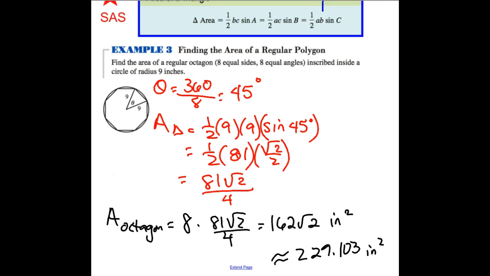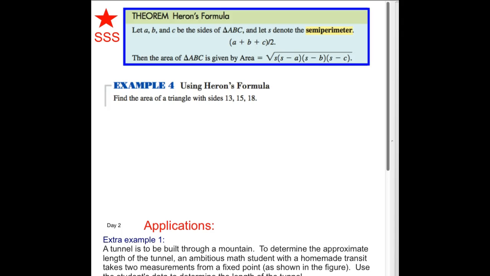All right. We have one more area formula, and this one is used when we have all three sides given. All right. But it's not necessarily a nice right triangle where we would have a base and a height. Okay. It's called Heron's formula. It says let A, B, and C be the sides of a triangle, and let S denote the semi-perimeter. Semi meaning half. So we want half the perimeter.